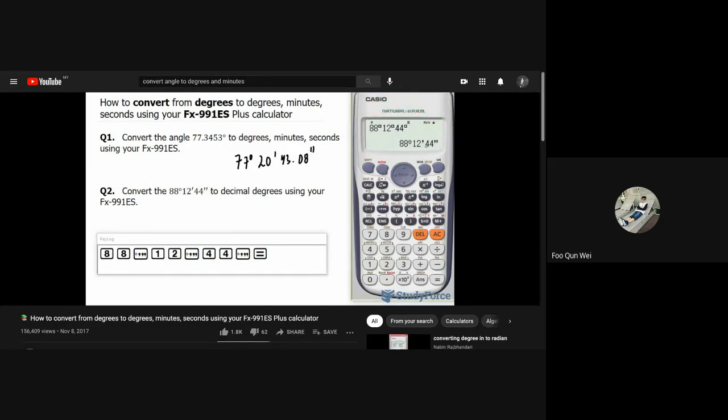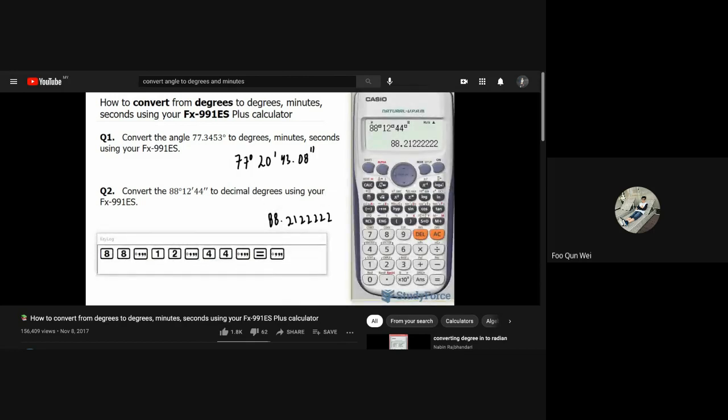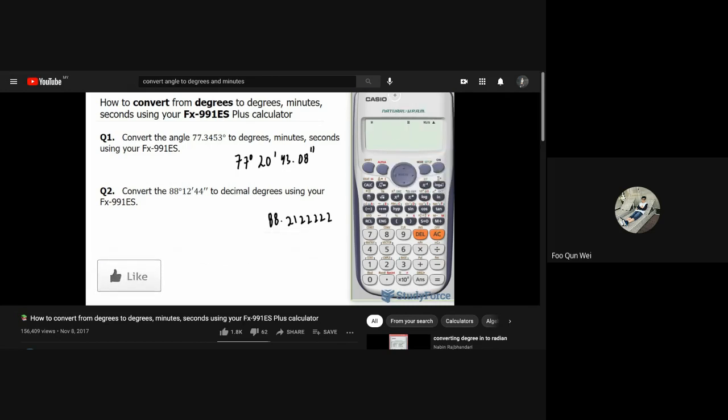Now to go from this to decimal degrees, all you do is click this button and you end up with 88.212222 repeating. So let's write that down. Now just to make sure I've done this correctly, I want to type this degree back into my calculator to see if I actually get this. So once again, I'll reset this and reset my keylog. 88.212222.